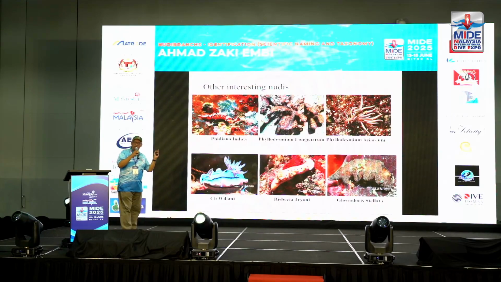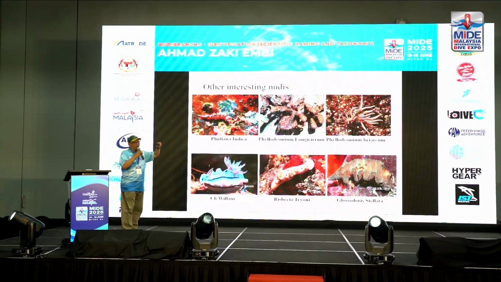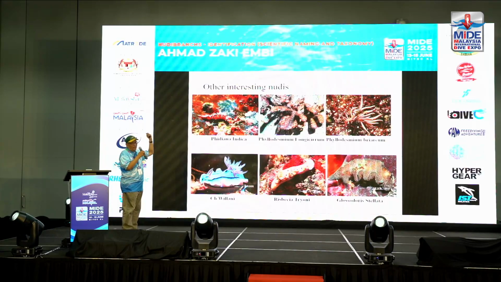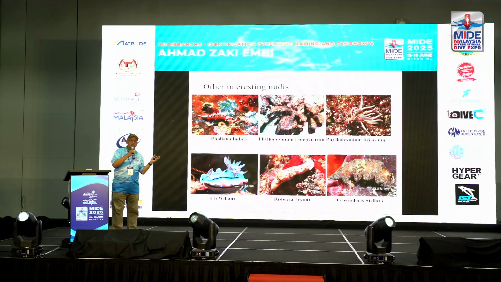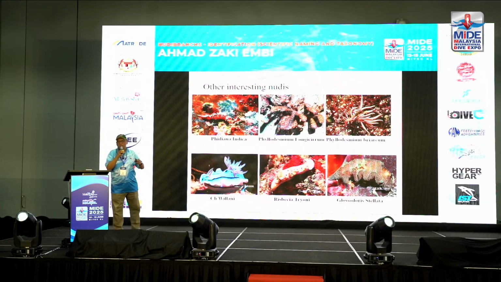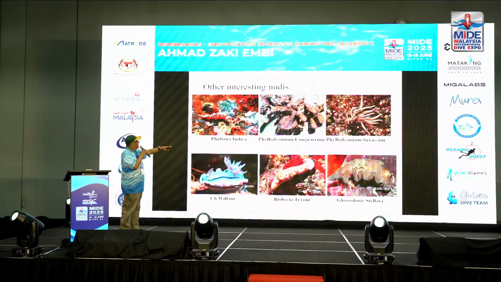When they're small, they feed, but when they're bigger, they rely on the algae at the back, the serrata. The algae gets sunlight and gets starch, and the nudibranch lives on the starch. Okay, so it's a solar-powered nudibranch.